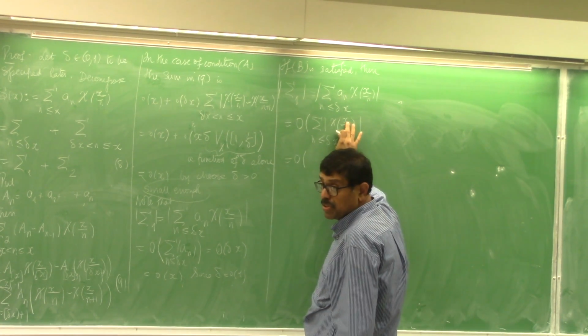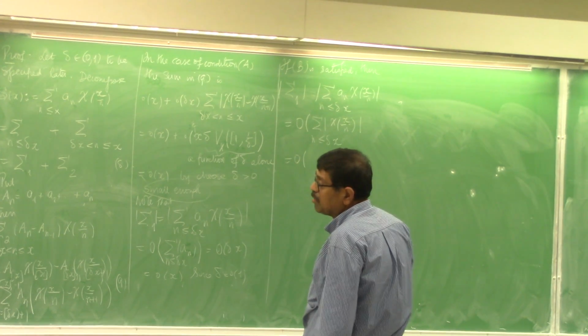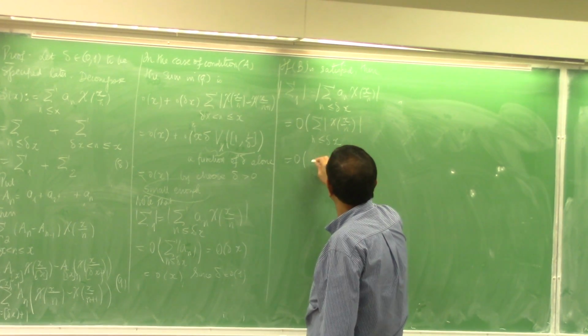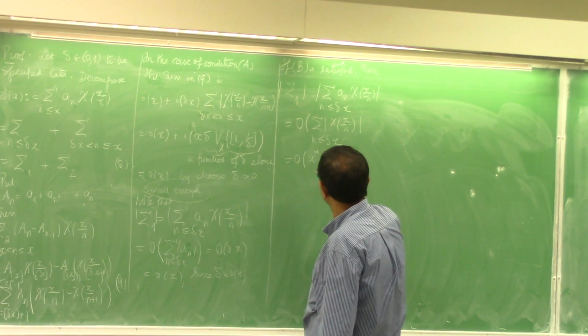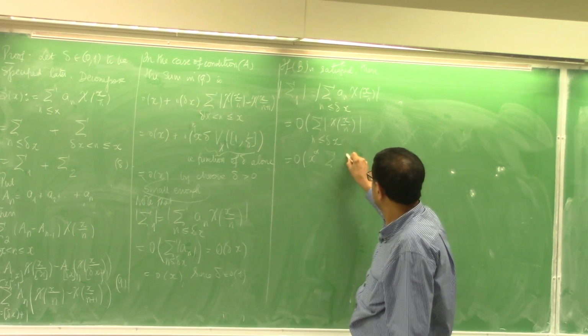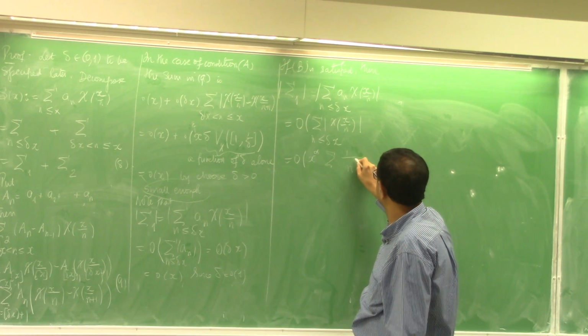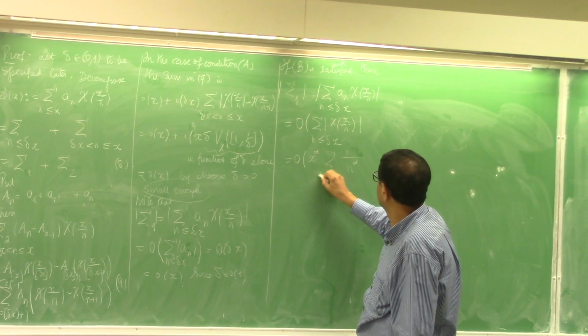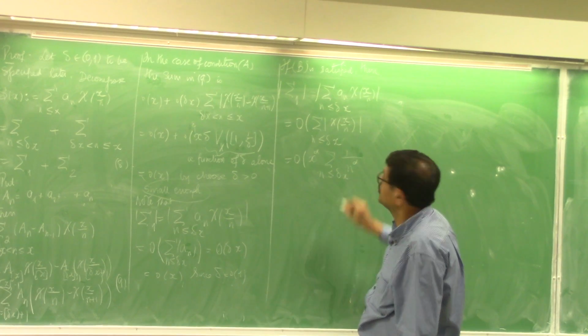But the chi function is capital O of x to the alpha. So your x to the alpha comes out. And I'm now summing 1 over n to the alpha for n less than or equal to delta x.